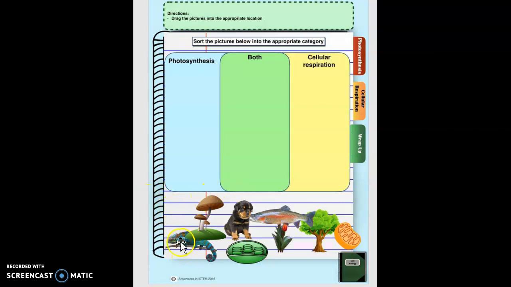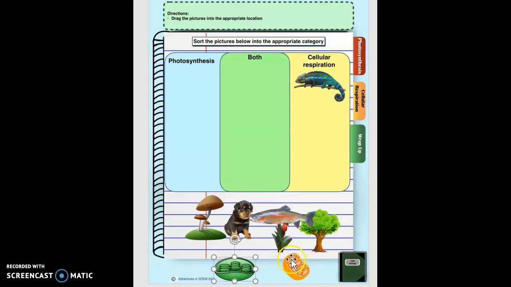All right, so I can tell you, like this little lizard, he does cellular respiration. He's not doing photosynthesis. And then these guys down here, these are your organelles. So think about, what is this organelle with the squiggles in it that look like cursive M's versus this green one found only in plants. So you're going to drag your pictures up there where they go.